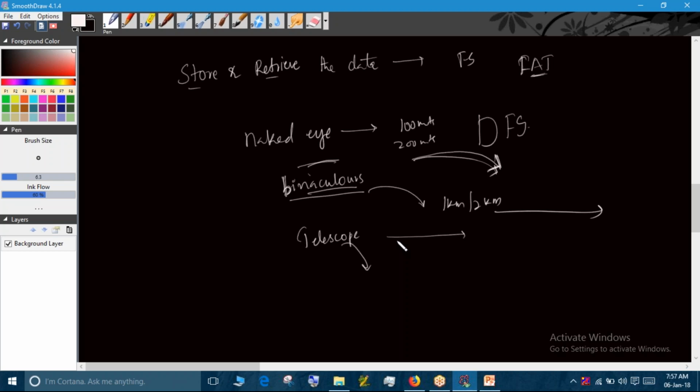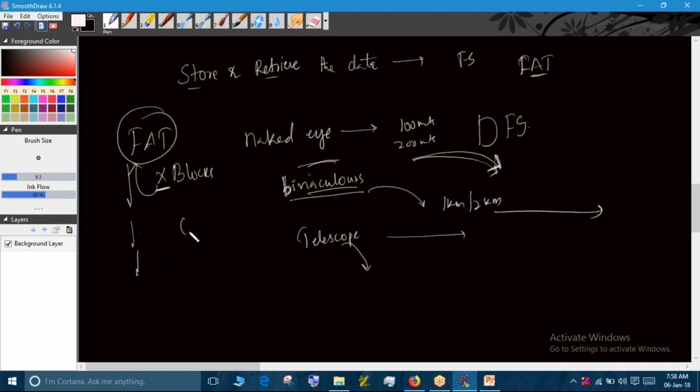Your visibility is only to a certain extent. Same like that, with the FAT, the file allocation table model, I will be able to manage only some X number of blocks. Beyond this X, I will not be able to manage using my FAT, so I go with another one, and another one.